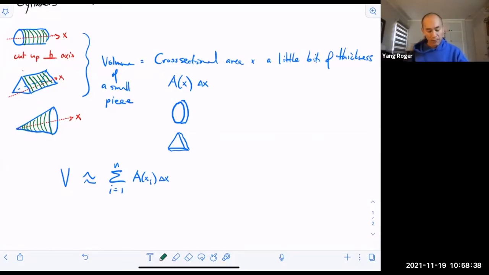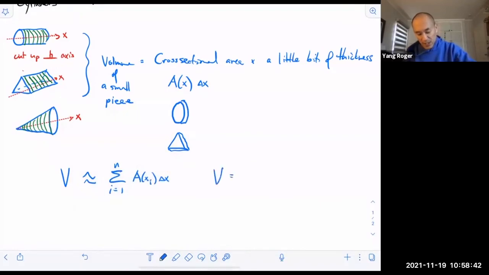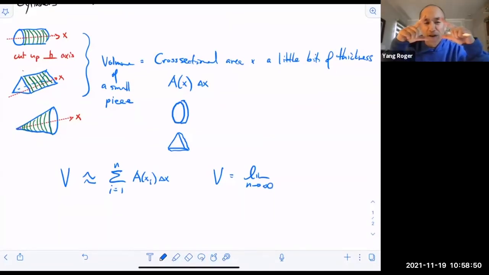So if you wanted the actual volume, you would take the limit as the number of discs goes to infinity. So you're making each little triangular wafer, each little coin, thinner and thinner because the number of coins is growing bigger and bigger. So this is just like our idea for the Riemann sum.